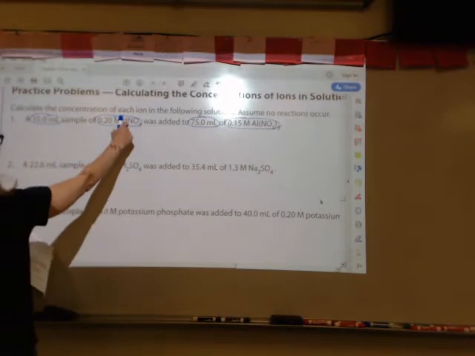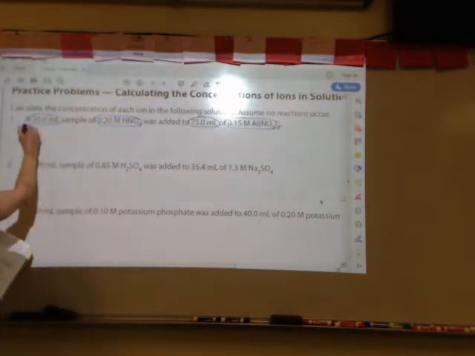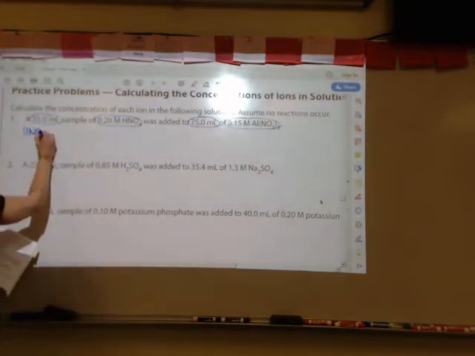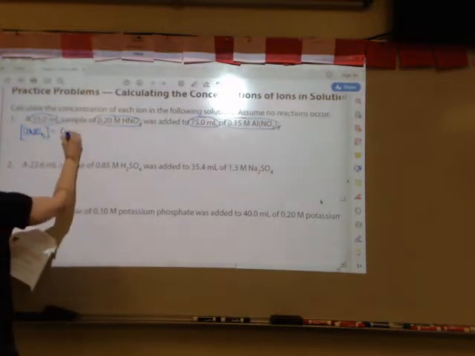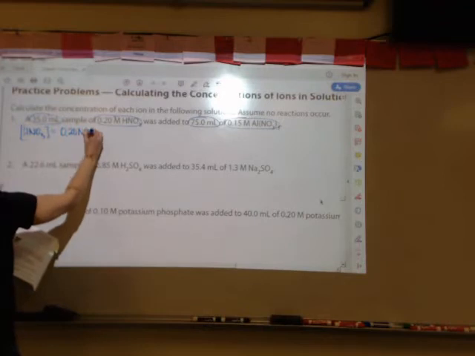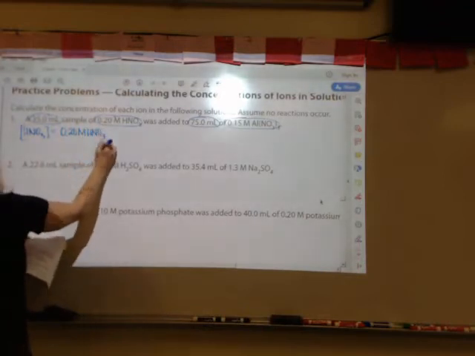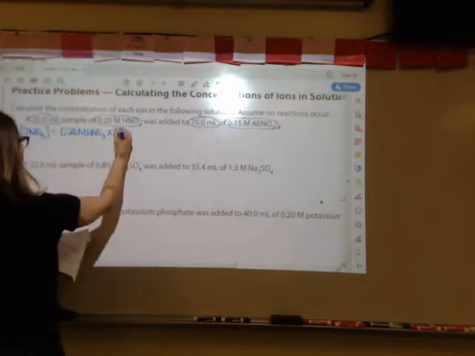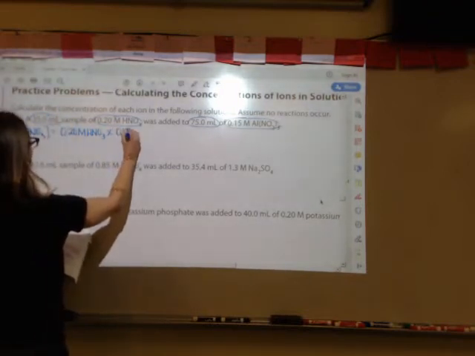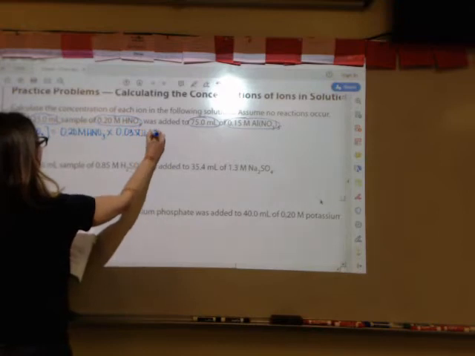So let's see what the concentration of HNO3 is after the solutions are combined. So you've got a 0.20 molar HNO3 solution. Multiply that by the volume in liters of the HNO3, which is 0.035 liters.